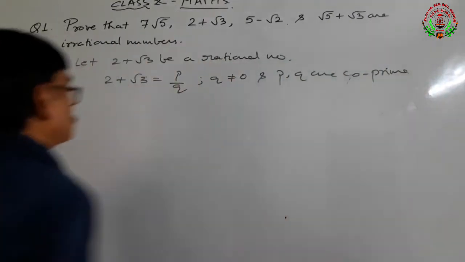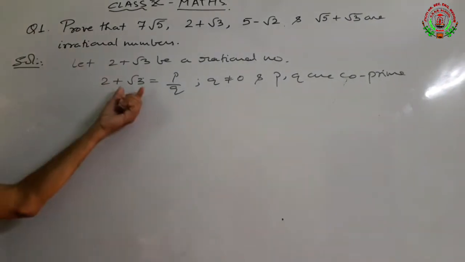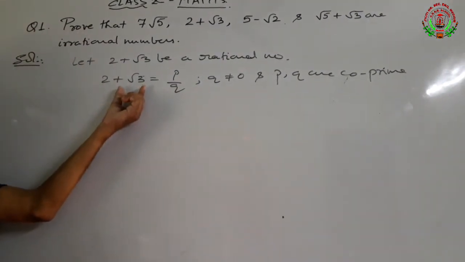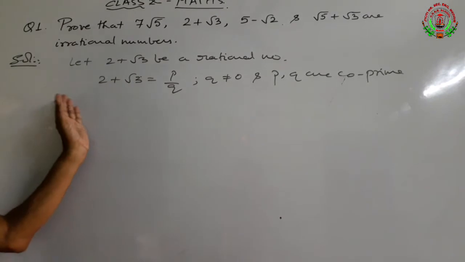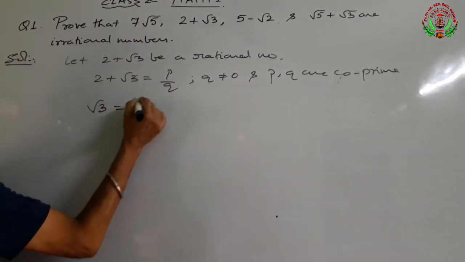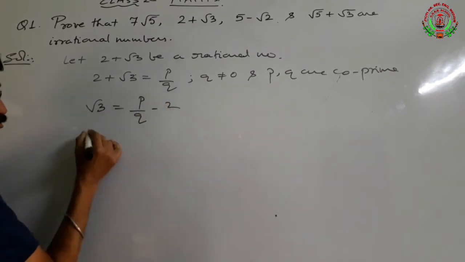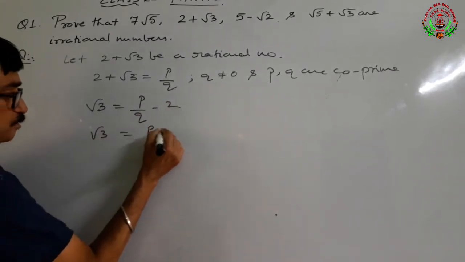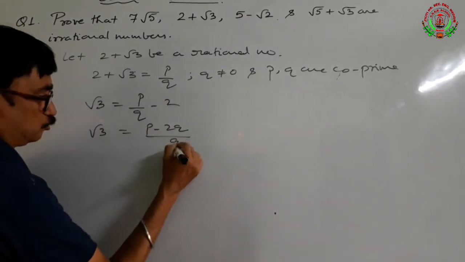So what we have to do is leave the radical quantity on one side and transpose the non-radical quantities to the other side. That is, root 3 will be equal to p by q minus 2. Root 3 will be equal to p minus 2q upon q.